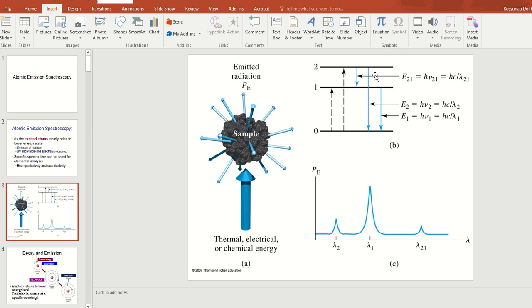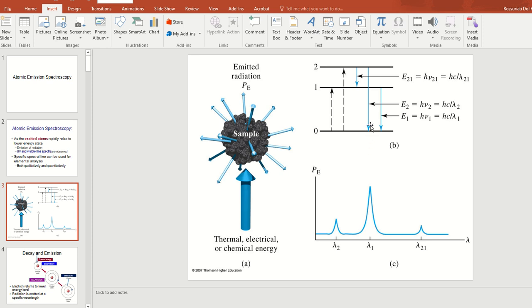The arrow with the longer dimension represents the wavelength at this position, because the direction of the wavelength goes towards the right side. The value of the wavelength is longer. From the Planck equation, we know that the relation between wavelength and energy is inversely proportional.